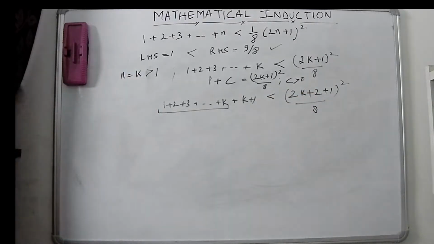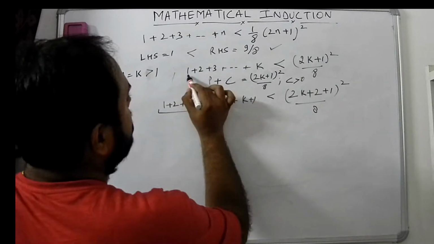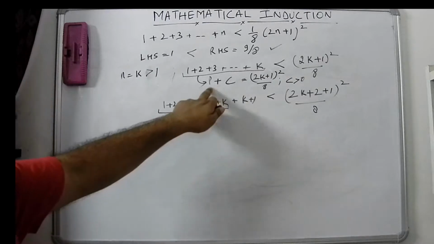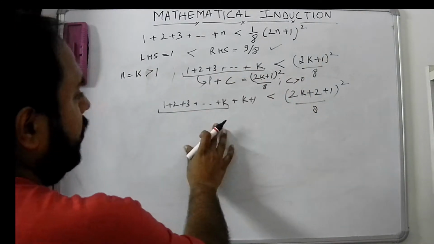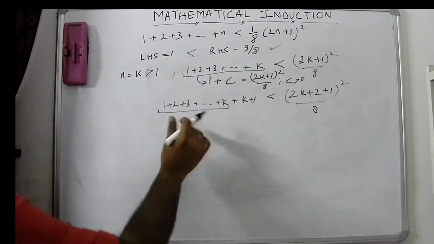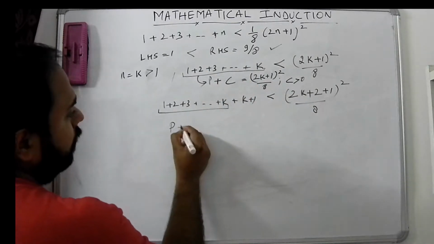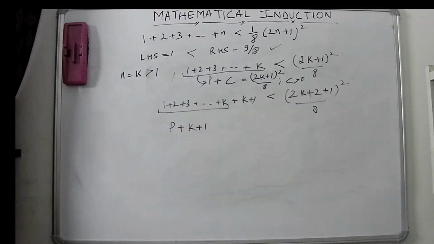C is a positive number, and if I add a positive number to this entire thing, which I am calling P, then P plus C is equal to this. So this was P, I called the entire thing P, plus k plus 1. So I am adding k plus 1 to P.